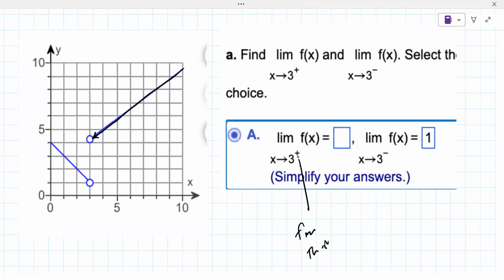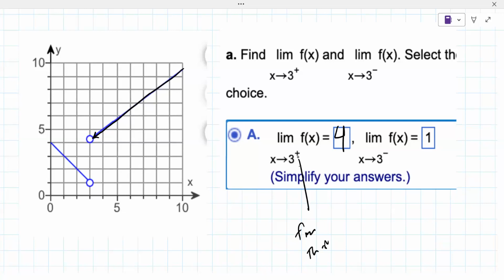I put in 4, but it keeps saying it's wrong. It doesn't like 4 there. I don't know why I put in 4 and it says it's wrong. Let me try it again. It says it's 4.25. Okay, that's fine.